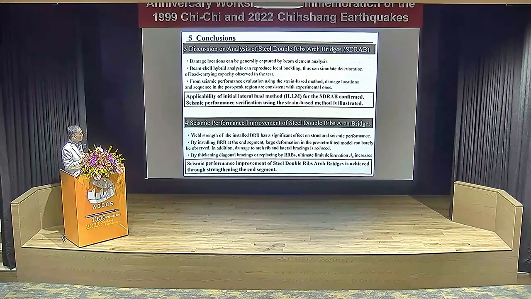So the applicability of the initial lateral load method for this kind of bridge is confirmed, and seismic performance verification using the strain-based method is illustrated here. And for another part, the yield strength of the installed BRB has a significant effect on structure performance.